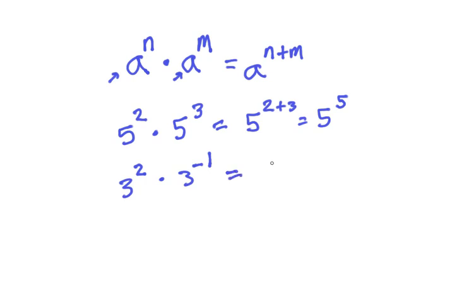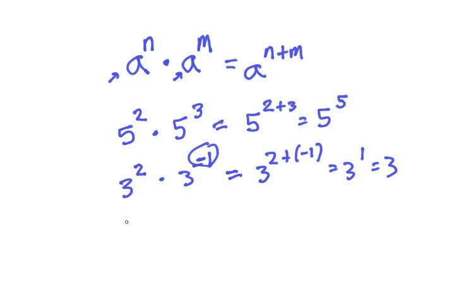In this case, I'll get 3 to the power of 2 plus negative 1, which would become 3 to the power of 1, or just 3. So even with a negative number in the exponent position, I can just add them together.